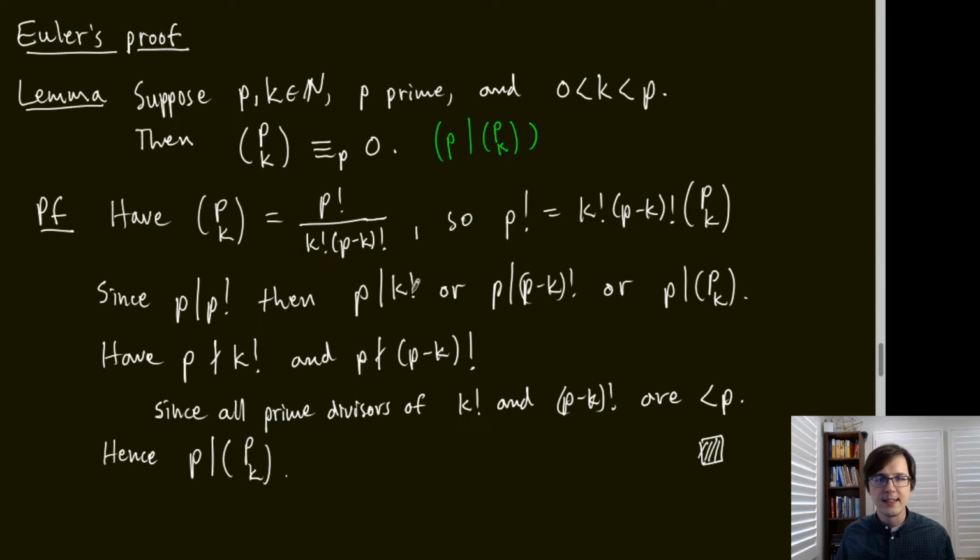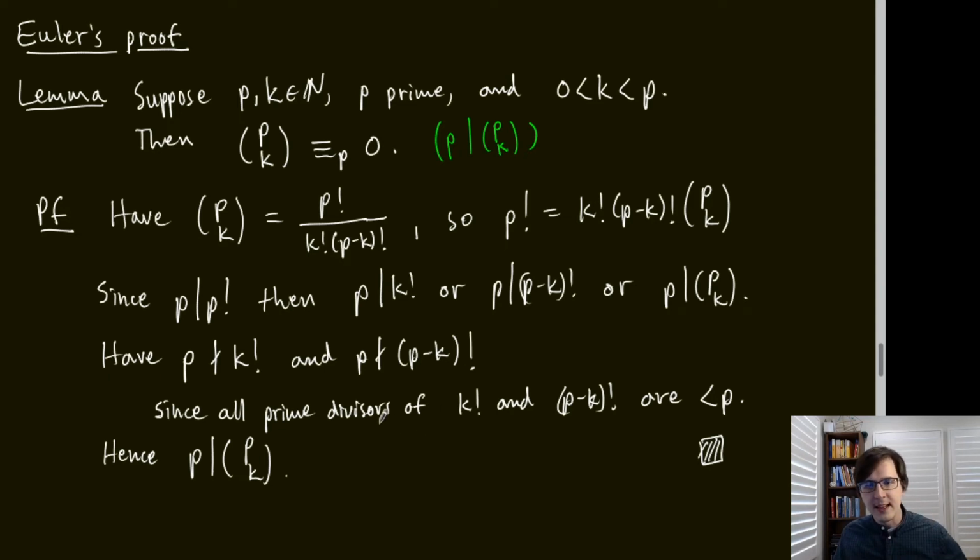So the additional thing that we now have on hand is that either p divides p factorial, or p divides p minus k factorial, or it divides p choose k. But p does not divide k factorial, and also p does not divide p minus k factorial.